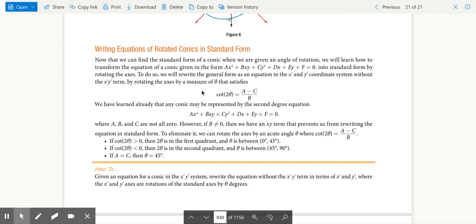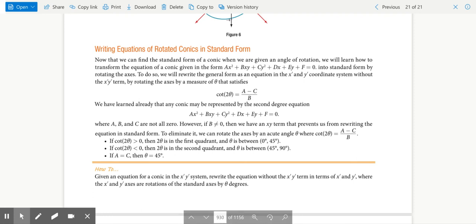Cotangent of 2 theta, theta being that angle that we've rotated by, is going to be a minus c divided by b, where a is the coefficient of the x squared term, c is the coefficient of the y squared term, and b is the coefficient of the xy term. So we can find out what our theta is by using this equation.